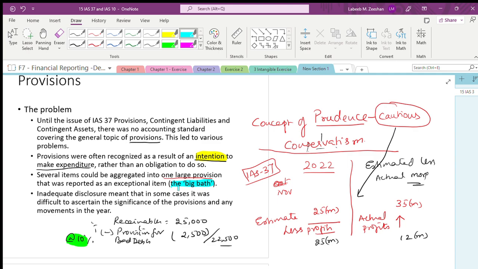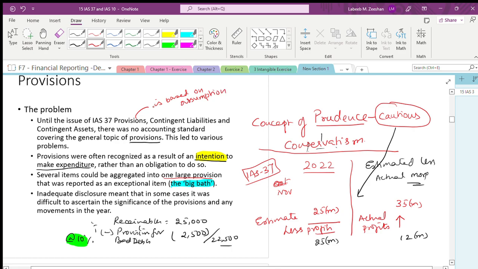This is one of the questions that has been asked in section A. In the last examination, they have asked this question. Inadequate disclosure means that in some cases it is difficult to ascertain the provision. See, what happens is that provisions are based on assumptions.